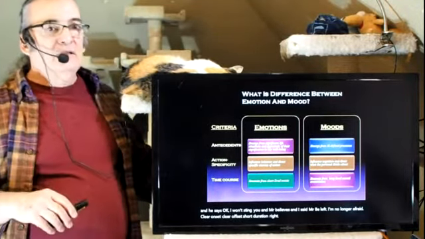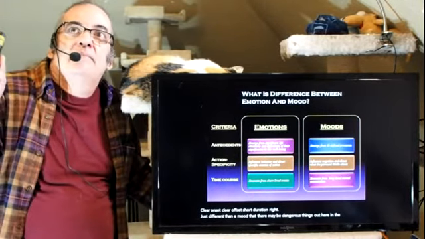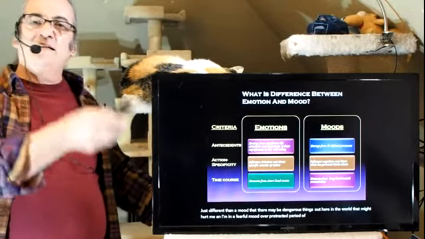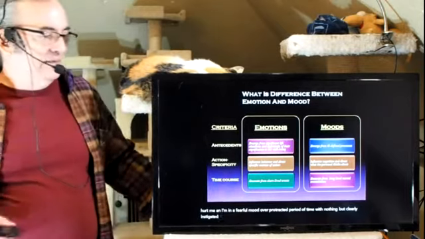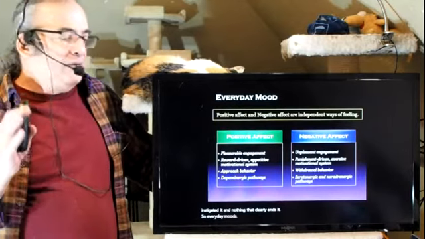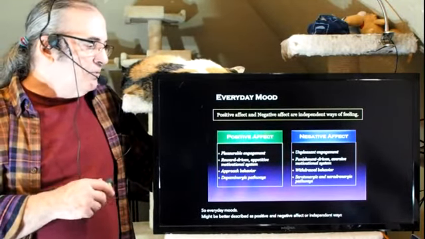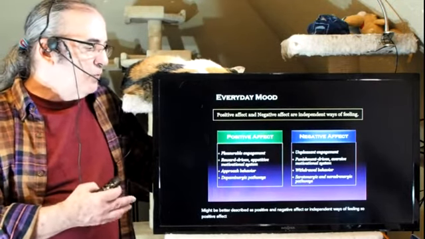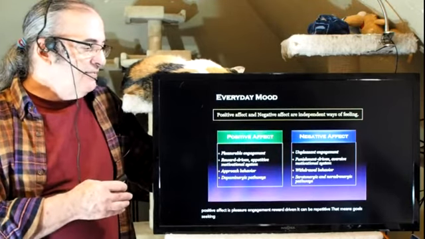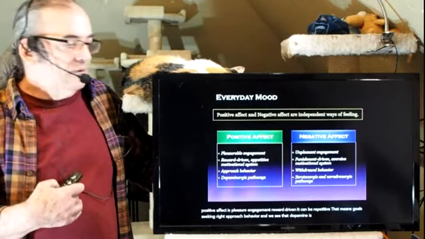Which is different than a mood, where there may be dangerous things out here in the world that might hurt me, and I'm in a fearful mood over a protracted period of time, with nothing that clearly instigated it and nothing that clearly ends it. Okay? So everyday moods might be better described as positive and negative affect, or independent ways of feeling. Positive affect is pleasure, engagement, reward driven. It can be appetitive, that means goal seeking, approach behavior, and we see that dopamine is implicated at a neural level.